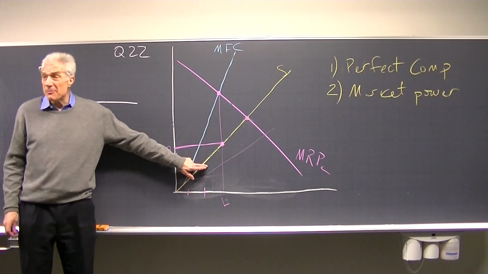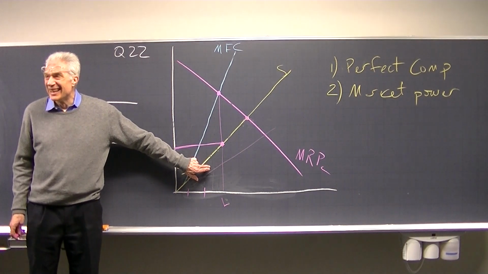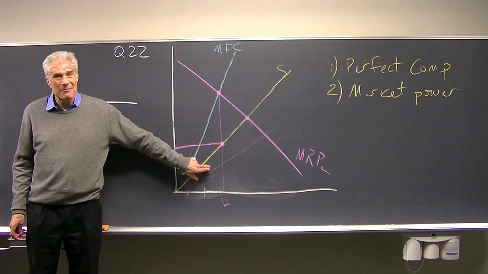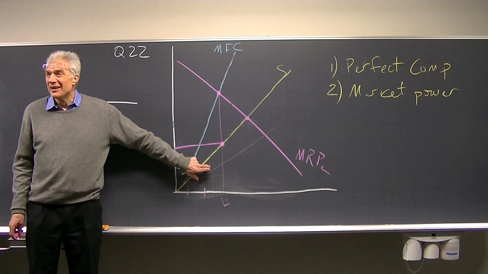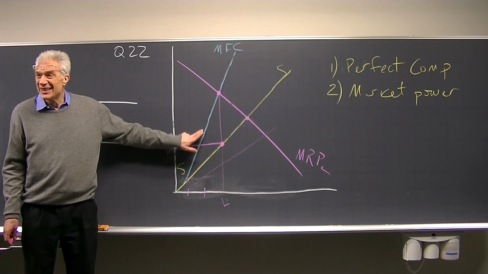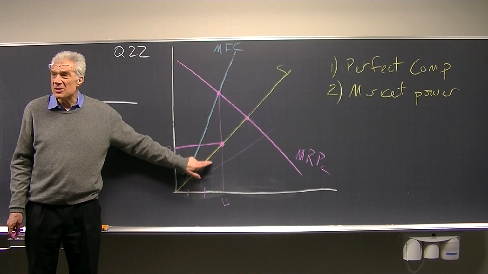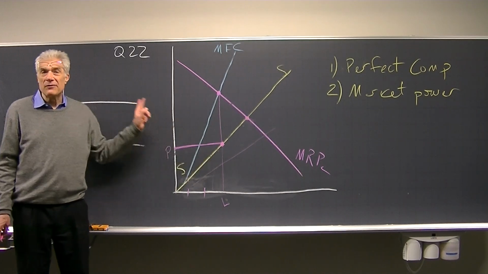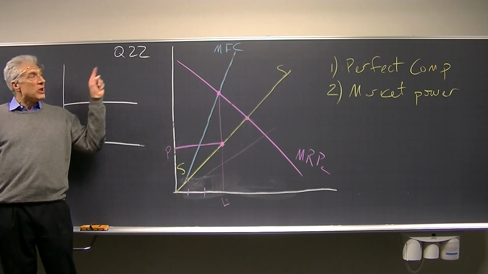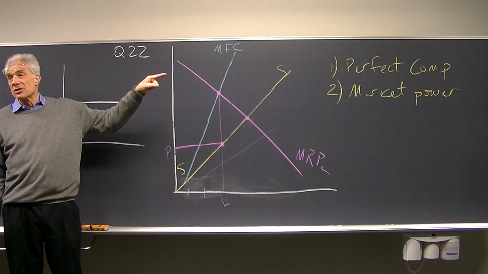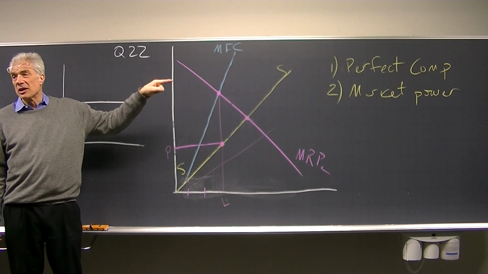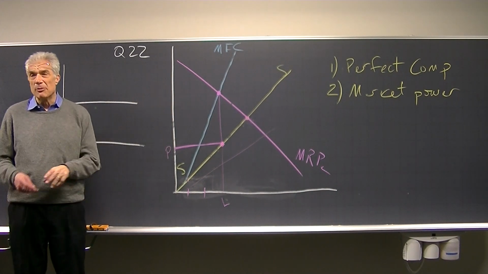Now do you see why this can't be the marginal cost curve? It can't be the marginal cost curve for the firm with market power, that is. But it is the marginal cost curve if the buyers of labor are in perfect competition in the labor market.